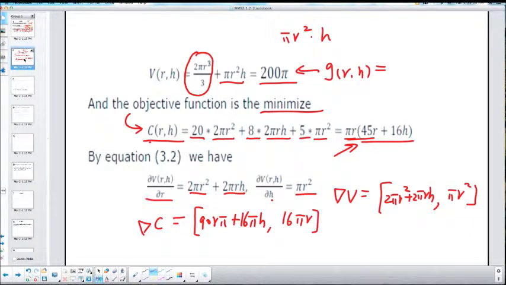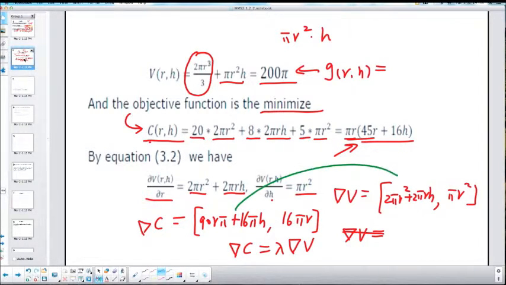Well, the equation says the gradient of C needs to equal lambda times the gradient of V. You got that this equals lambda times this, and this equals lambda times this. Let's look.